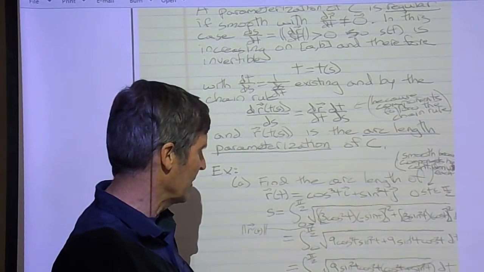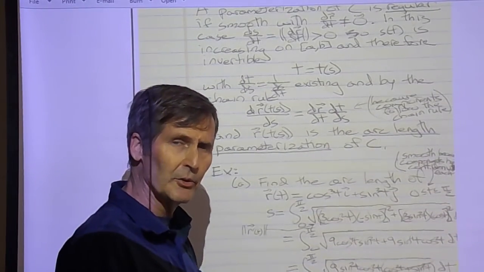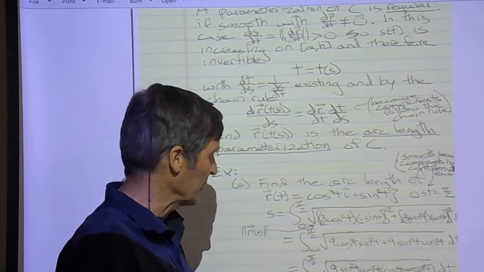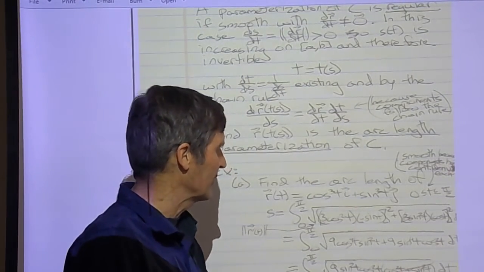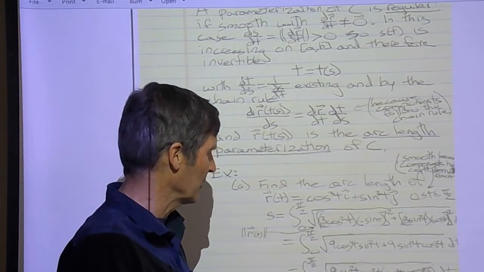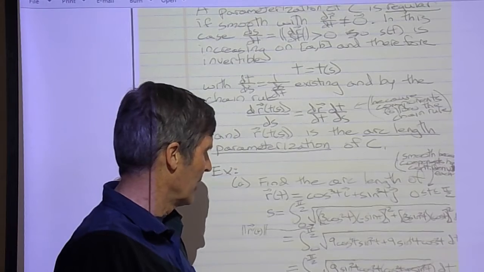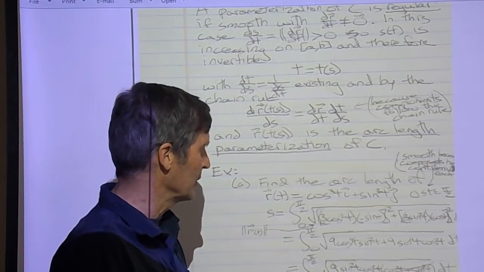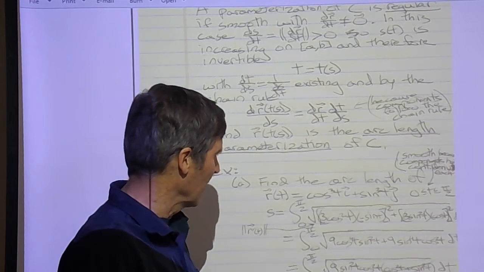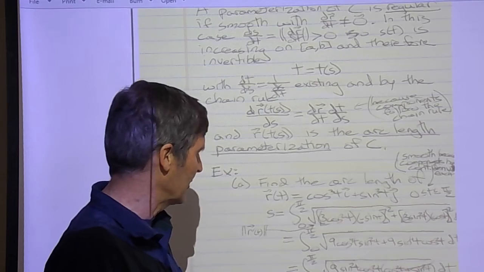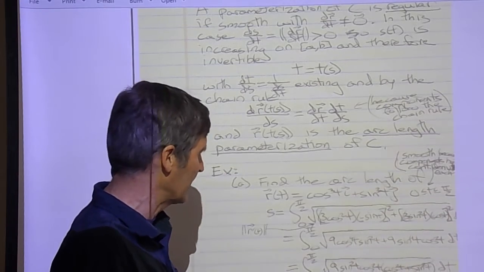But sine t times cosine t, that looks familiar, right? 2 sine cosine is the sine of 2t by trigonometry, so this must be 1/2 the sine of 2t. Sine of 2t is 2 sine cosine. Alright, so we can write this as 3/2 then, integral of sine 2t, and the integral of sine 2t is minus cosine 2t over 2.